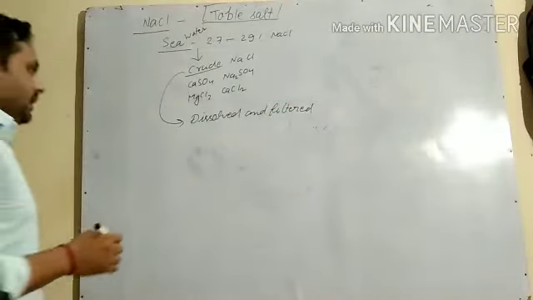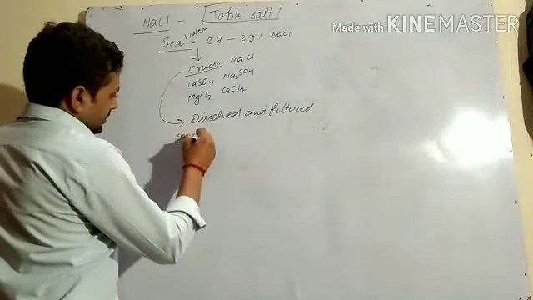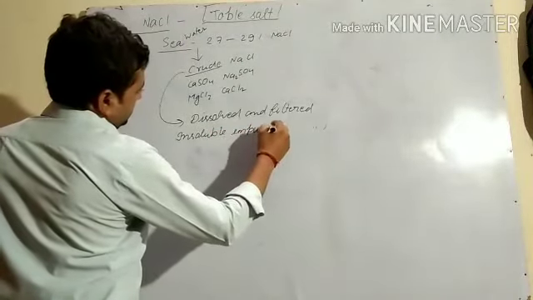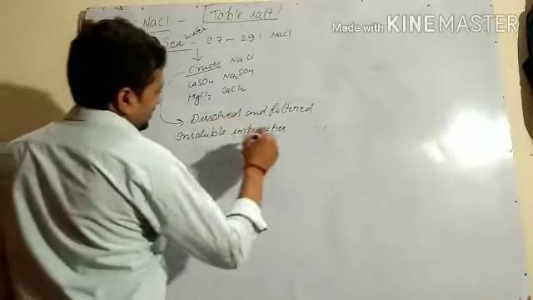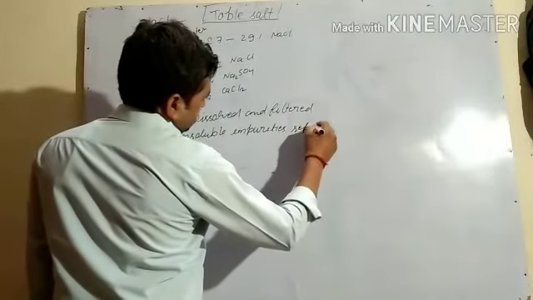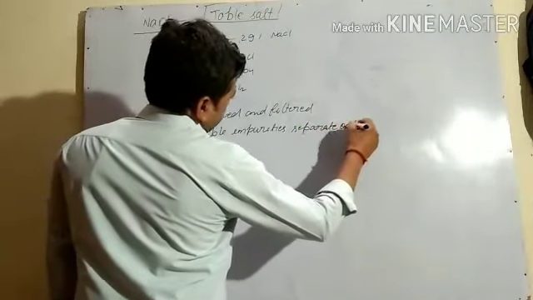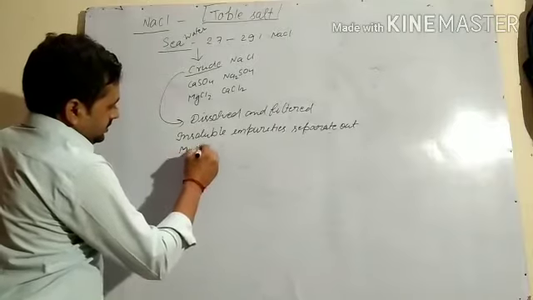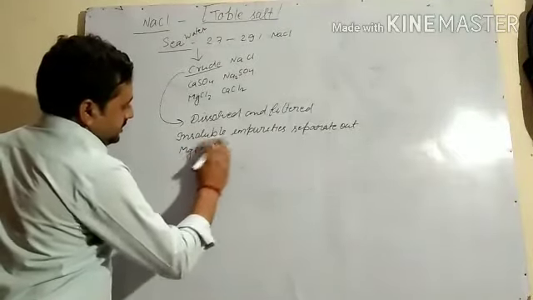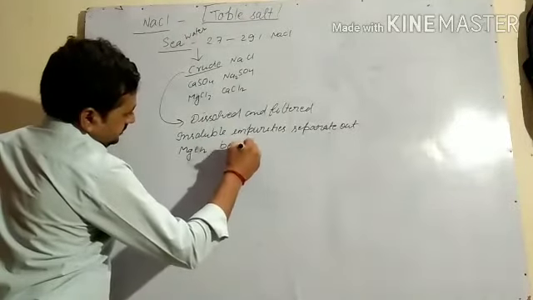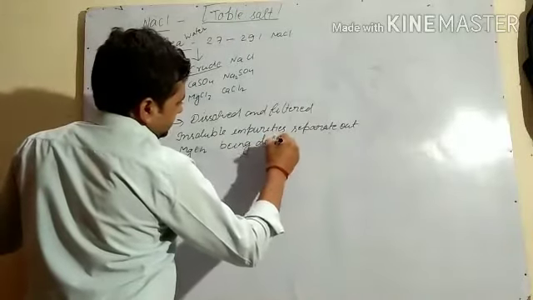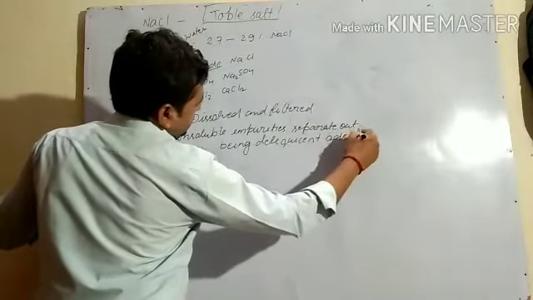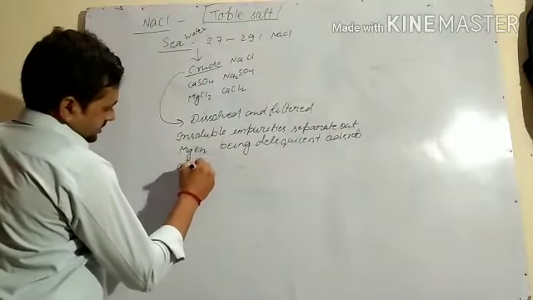After dissolving and filtering, the insoluble impurities separate out. MgCl2 is a deliquescent substance, it adsorbs atmospheric moisture.